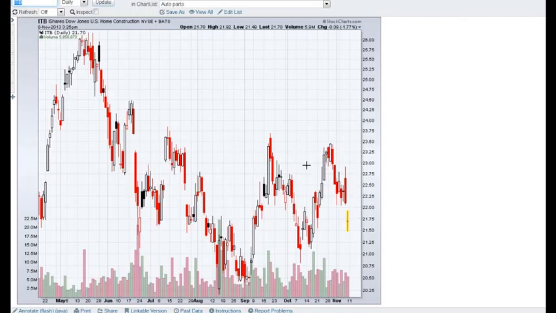To see the home builders consolidate through November, December, and into January is probably what we're going to see. They're going to have their ups and their downs, but really consolidation until something changes. Nothing is really changing overall. The data's lukewarm.